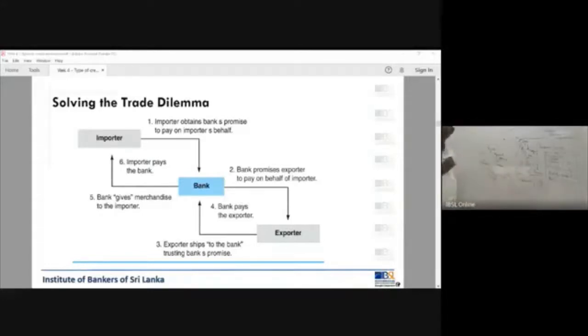Then we have usance LCs. That means Sarvanamuttu sends the goods and says to the bank, okay, give the goods to the customer and pay me after 30 days. He is giving a credit.